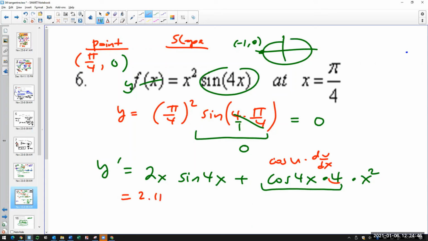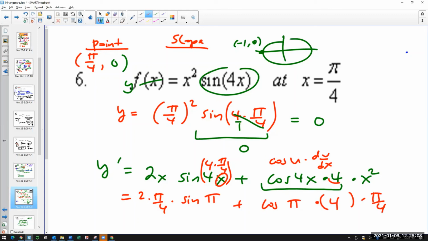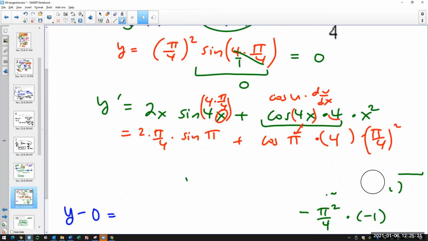So this is 2 times pi over 4 times sine of 4 times pi over 4. Well, that's just sine of pi, right? Plus cosine of 4 times pi over 4, again that's cosine of pi, times 4 times pi over 4 quantity squared. Everywhere there's an x, I'm putting in pi over 4. Okay, so pi over 4 times 4 is just pi. That's how I got this.